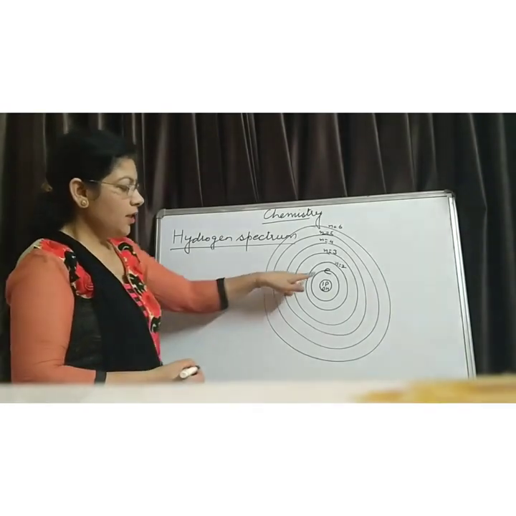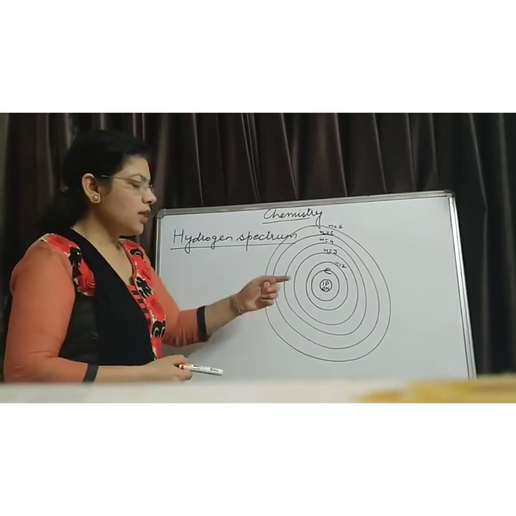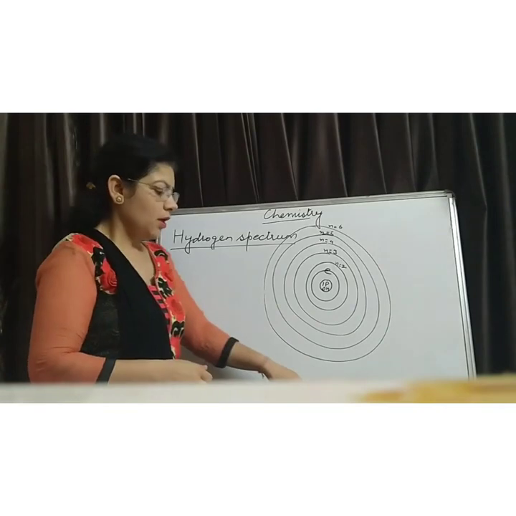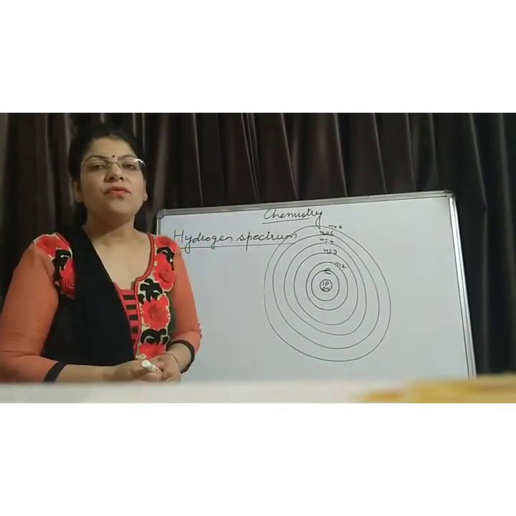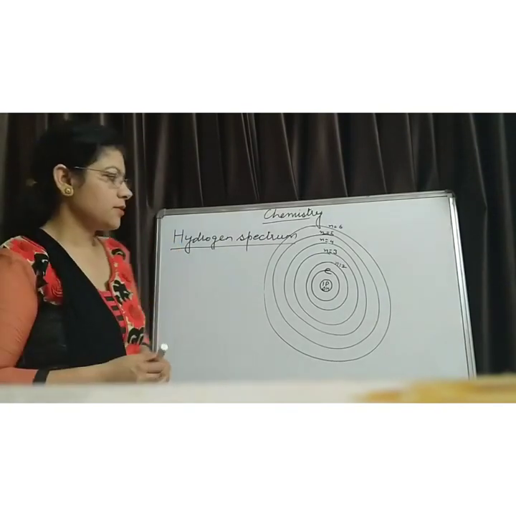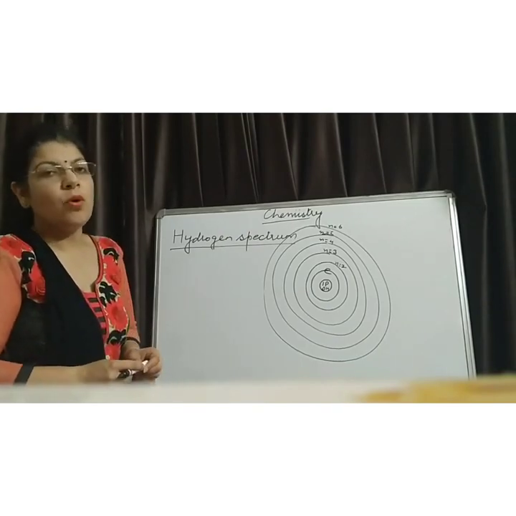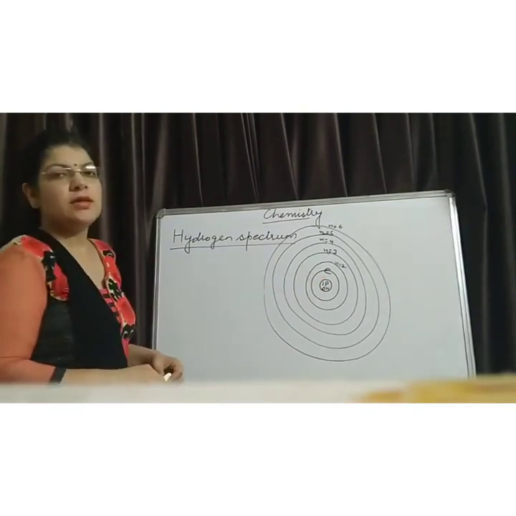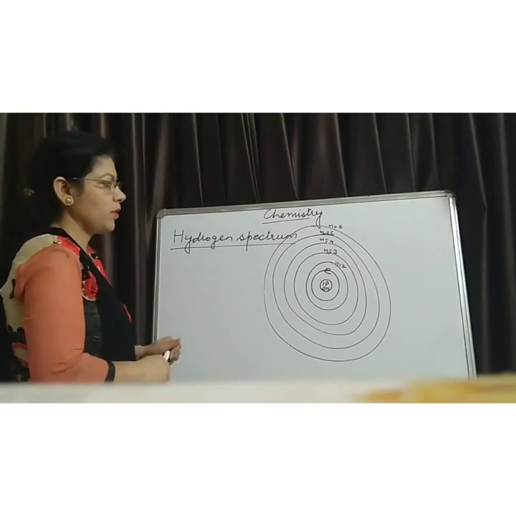When this electron jumps into an inner orbit, this electron releases the extra energy, and that energy falls in different wavelengths or different regions, and we see a spectrum of different wavelengths for the single electron. That spectrum is known as the hydrogen spectrum.